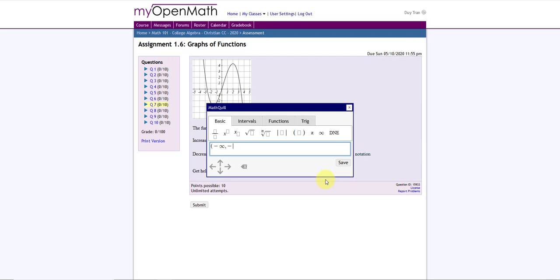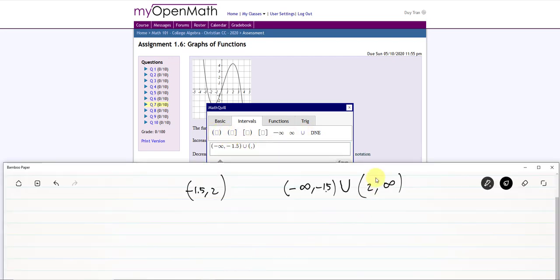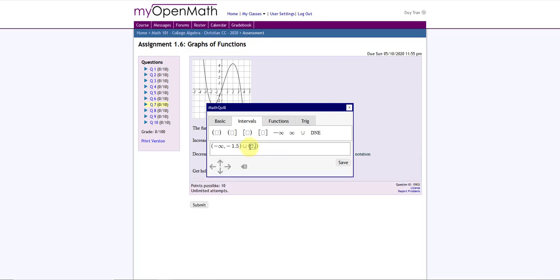Oops. Let me do it again. Minus infinity, comma, and then minus 1.5, and we have to use the union, and we have what? 2 and infinity. So 2 infinity.